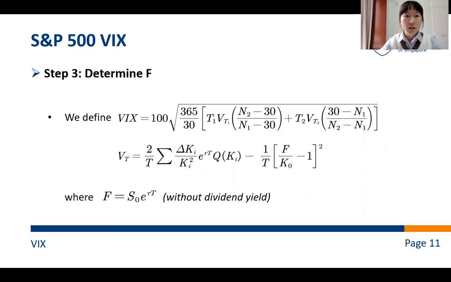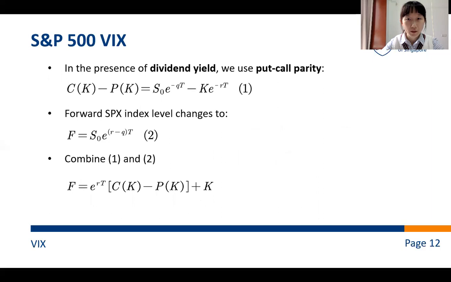However, in reality, SP500 pays dividend, so we should rewrite the put-call parity as equation 1. And if we take Q into consideration, F should be expressed as equation 2. Luckily, combining 1 and 2, we can obtain the forward price in this formula, just as shown in the last row.